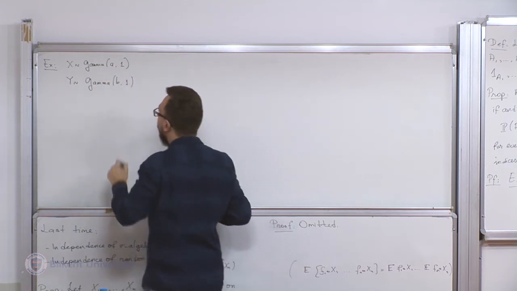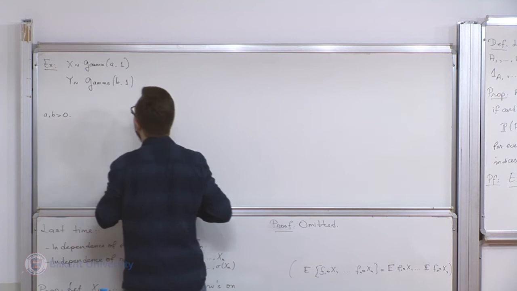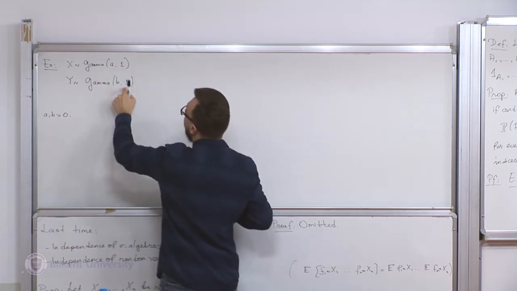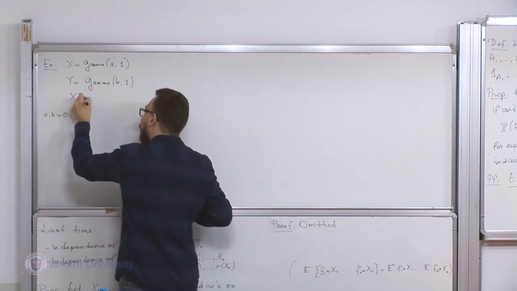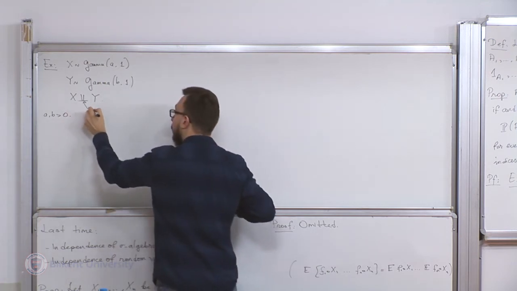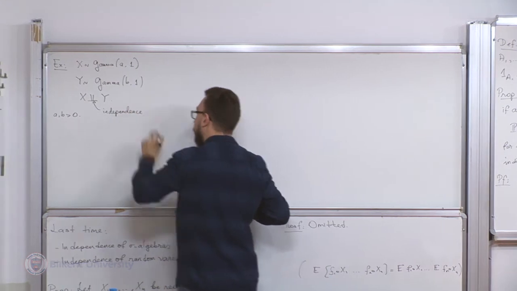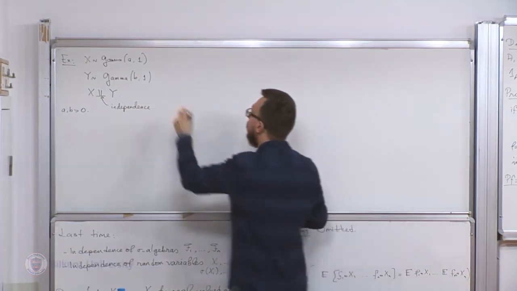So a, b are positive numbers here, shape indices. And the scale parameter, which is like the lambda of an exponential, is just 1. And we also assume X and Y are independent. By the way, this is the independence symbol, if I did not mention this yet. So this is what is given to us.